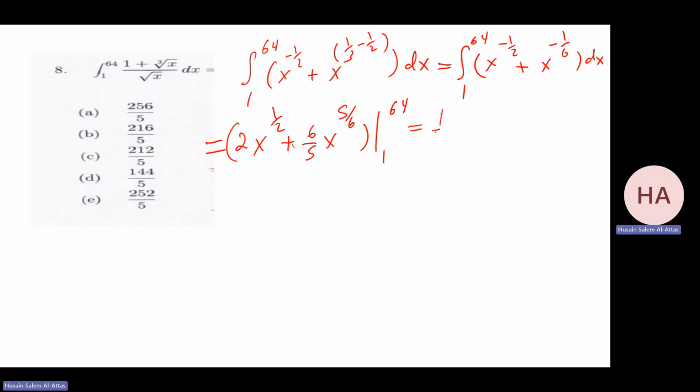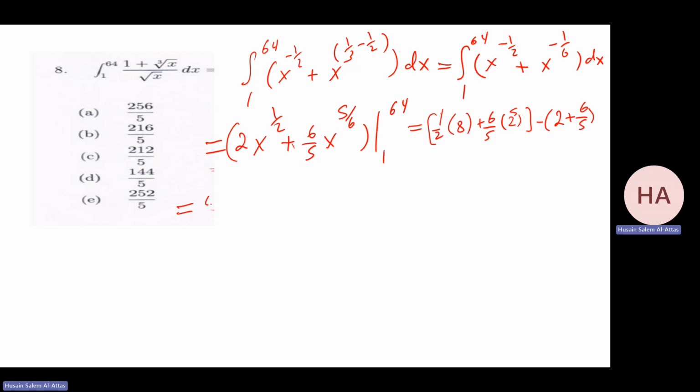Substitute, that will be half times 8 plus 6 over 5 times what? 6th root of 64. 64 is what? 2 to the power 6. So the 6th root will be 2, so I have 2 to the power 5. 2 to the power 5. Minus 2 plus 6 over 5, which is, I substitute that one.